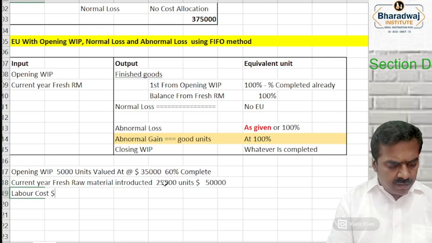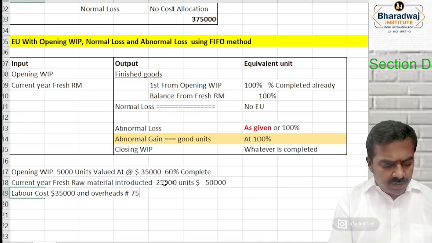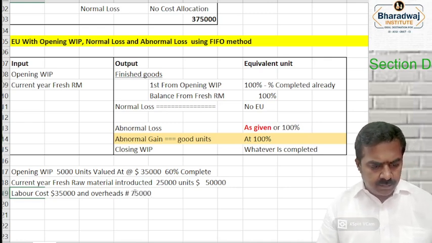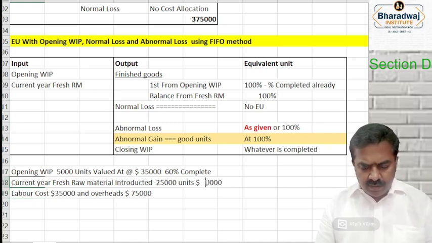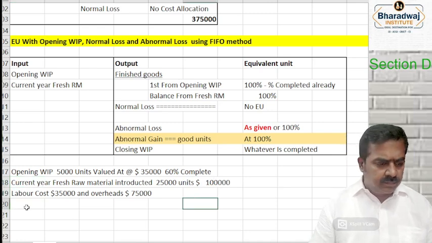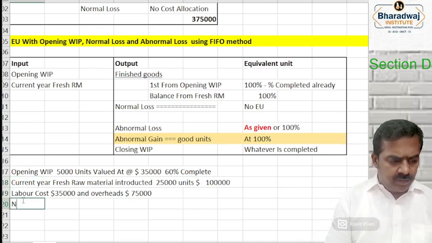Labor cost for the current year $25,000 and $35,000, and overheads $75,000. Take just 1 lakh. Okay.